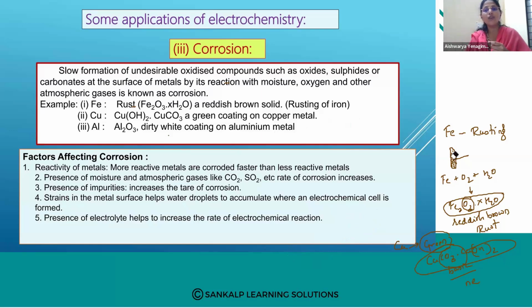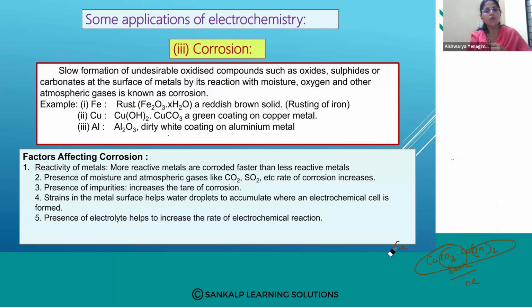Okay, so what are the factors affecting corrosion now? Factors affecting corrosion: reactivity of the metals. More reactive metals are corroded very easily than less reactive metals. Fine. Then presence of moisture and atmospheric gases like CO2, SO2, etc. increases the rate of corrosion.